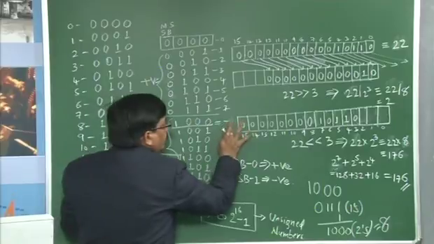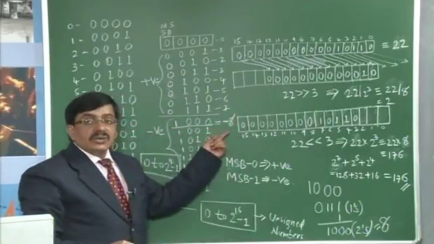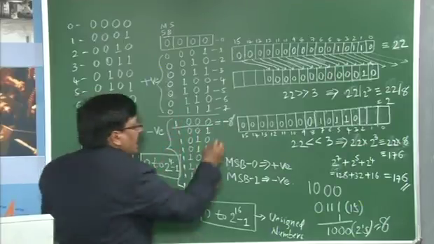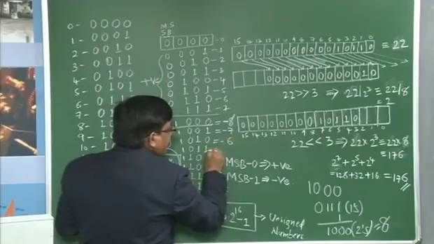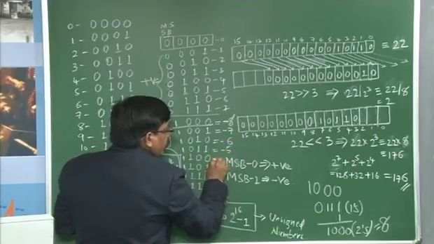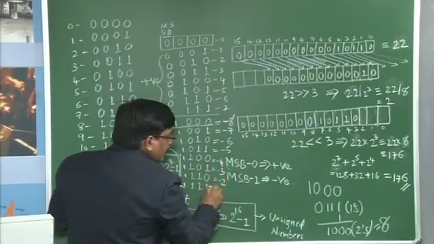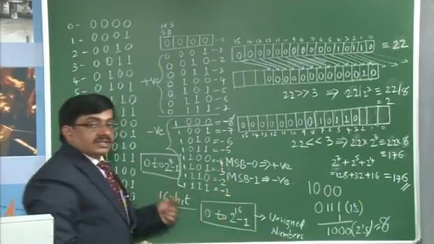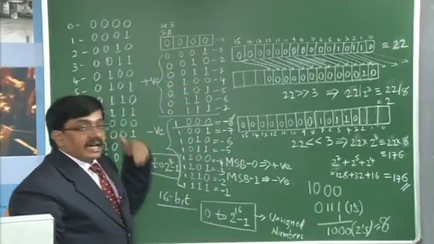So this value corresponds to minus 8, not minus 0. The next values are minus 7, minus 6, minus 5, minus 4, minus 3, minus 2, and minus 1. This is how the numbers are used for signed values as well as unsigned values.